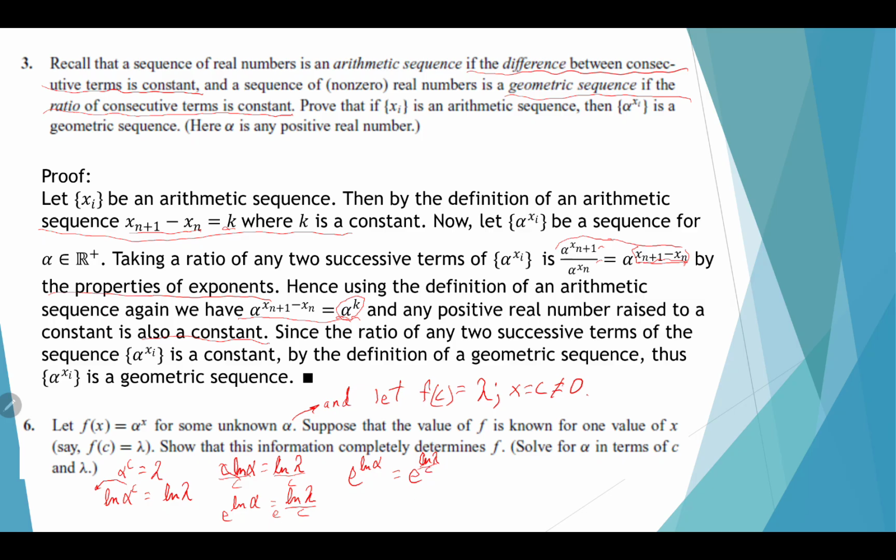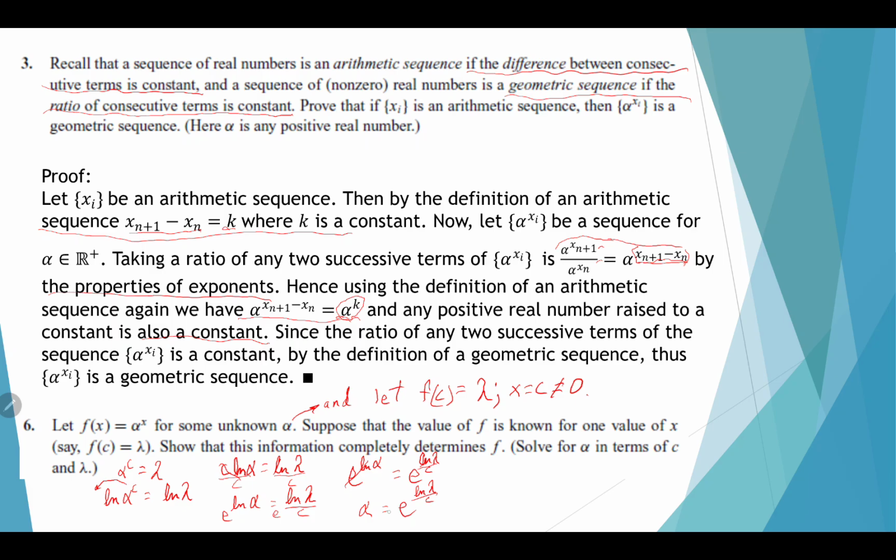Well, e and ln filter each other off, so I have alpha is equal to e to the ln of lambda over c.